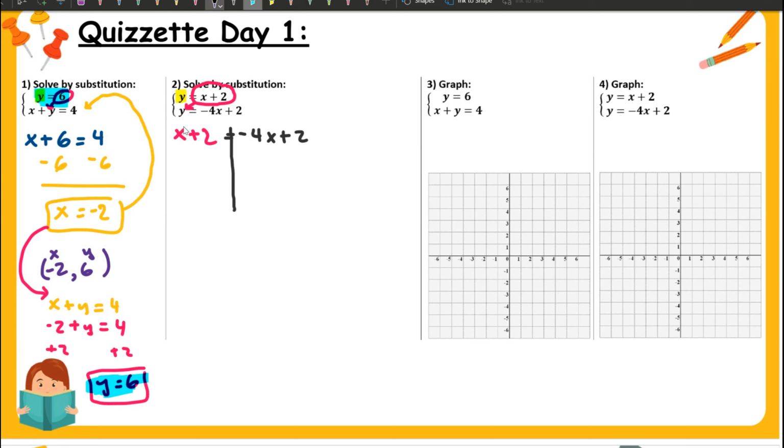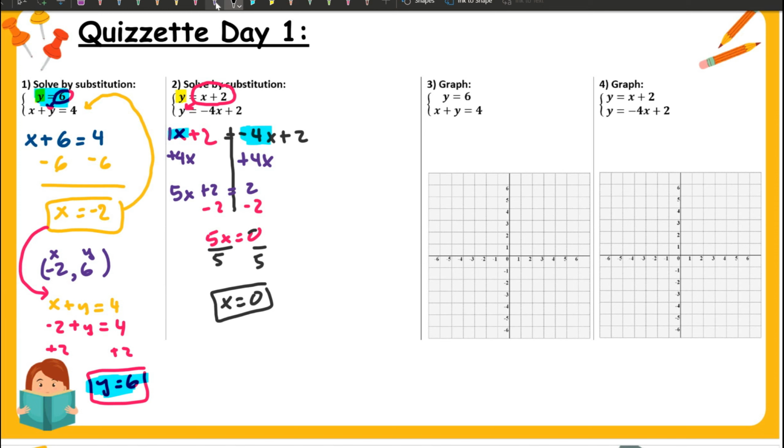You have a variable on both sides, so we need to bring them to the same side. We're going to add 4x to both sides. 1x plus 4x is 5x plus 2 equal to 2. Then we subtract 2 from both sides. You have 5x equal to 0, since 2 minus 2 is 0. You're going to divide by 5 on both sides. X equal to 0.